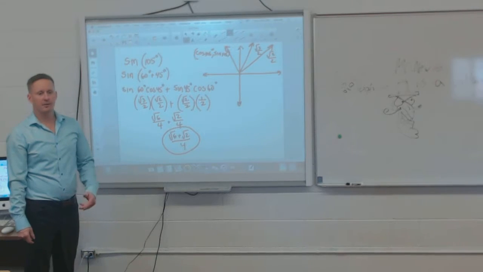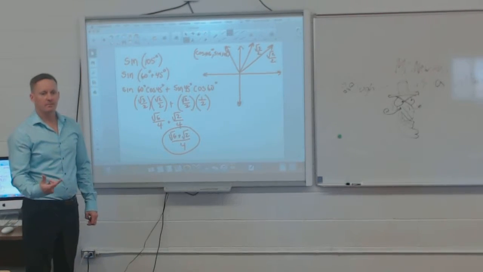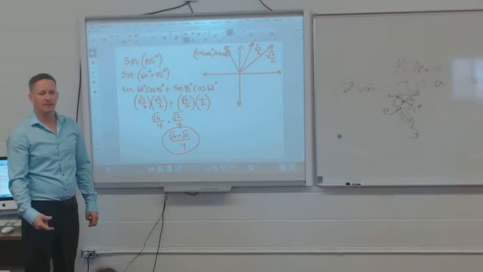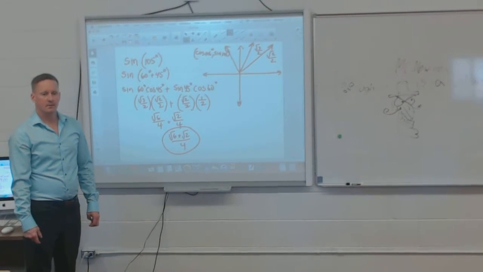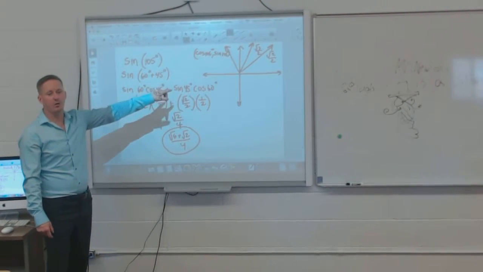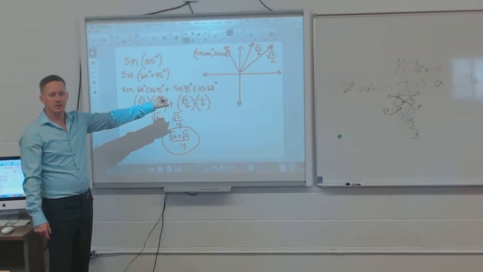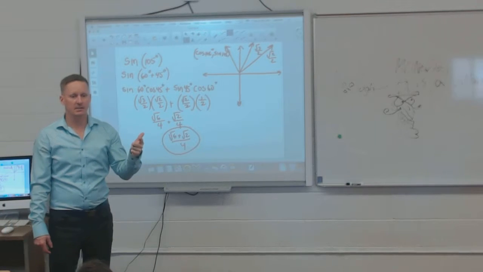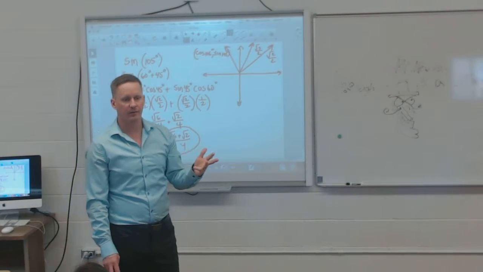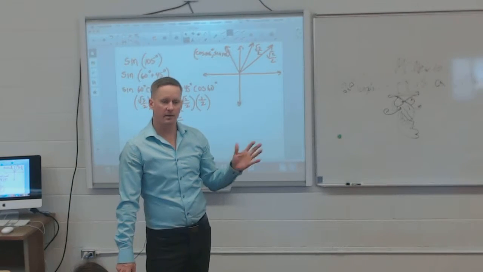I could have used 135 and 30, but you'd have to subtract them. Oh, okay. You have to use two angles that you know all of the values for on the unit circle. And you only know 30s, 60s, 90s, and all the 45s. Okay. So you have to use those.